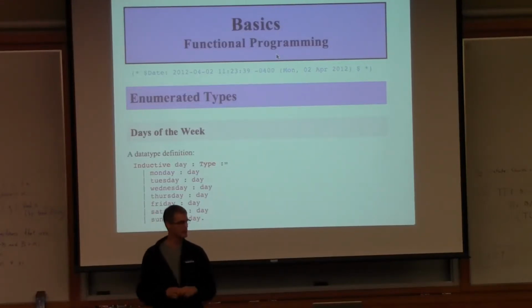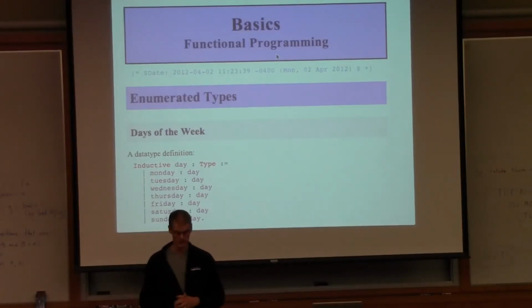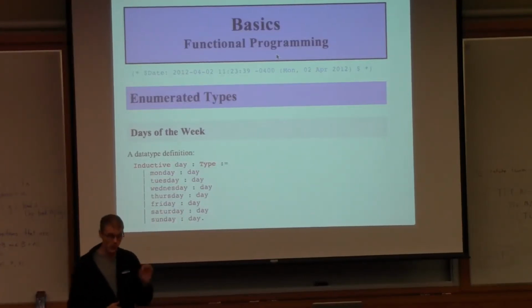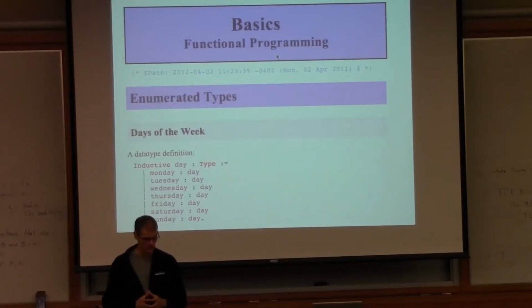So you can think of Gallina as a core subset of ML or a typed lambda calculus with an extremely rich dependent type system based on, well, what we saw this morning in Bob's lecture.